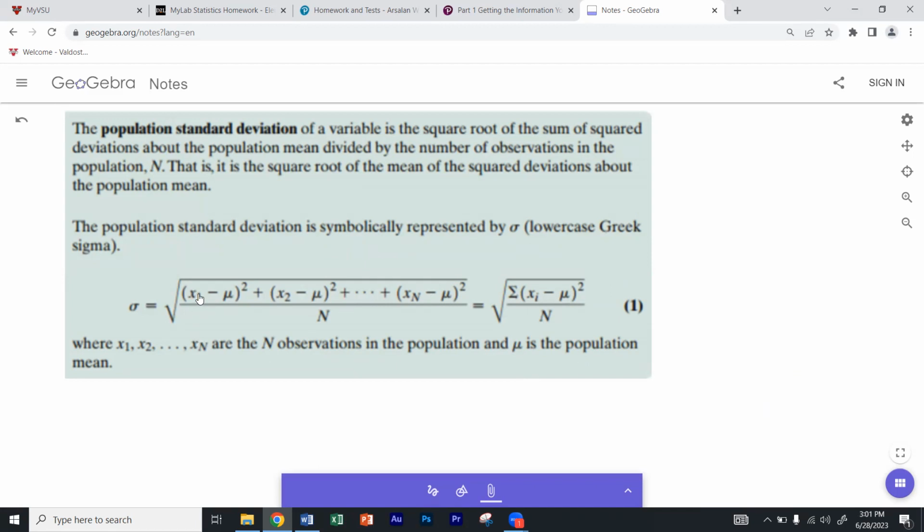So you take x1 as the first value, subtract it from the population mean, x2, subtract the population mean from it, and the last one, subtract the population mean from it. And we're going to square them because some of them will be positive, some of them will be negative. We will square them. Then we'll divide it by the number of items we have here. It's n. And then we are going to find the square root of it. And that's going to be the variance.